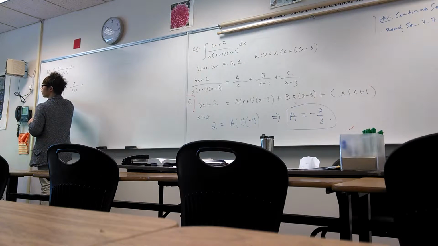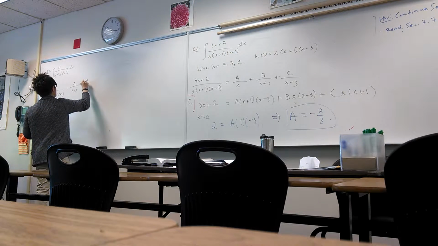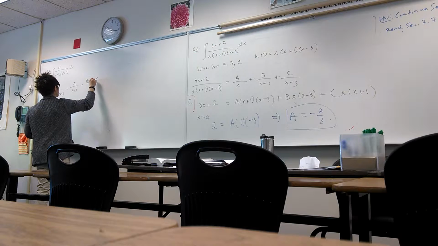So x squared plus 9, that's a what? Quadratic or linear? Quadratic. So if it's quadratic on the bottom, it's what on the top? Linear. So it's going to be bx plus c.